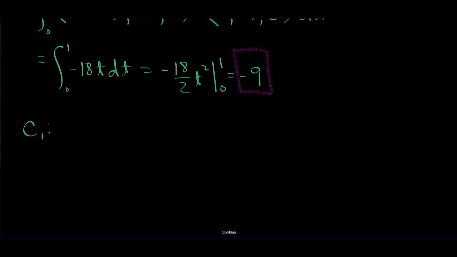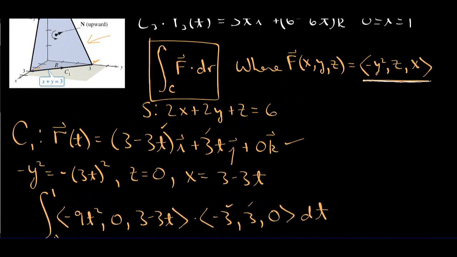Okay, so on this one, on C3, recall that we had this one. We had 3t, and then 0, and then 6 minus 6t. Now remember that corresponds to this last curve up here.